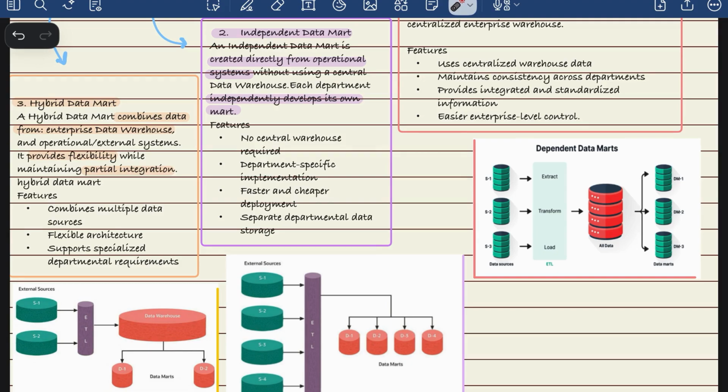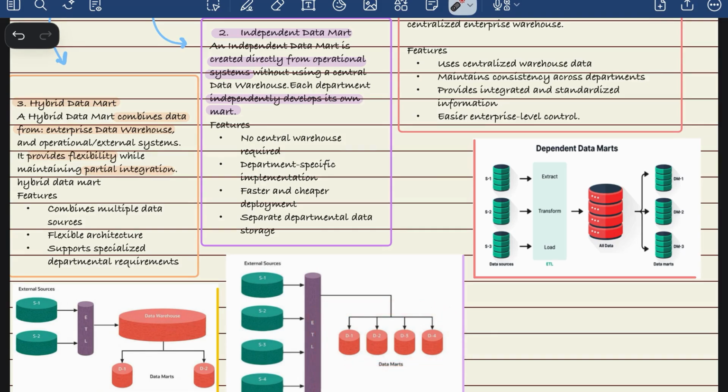They are creating it, but it's not ready yet, and you also have a tight budget. So in that scenario, the marketing team pulls data directly from their own survey sheets and social media apps to build their own data puddle. They create their own data mart. So this is the independent data mart. They are taking the data from external sources and creating their own data marts.